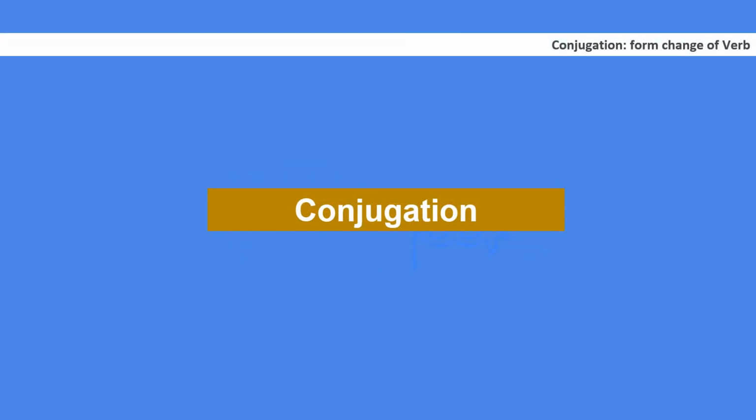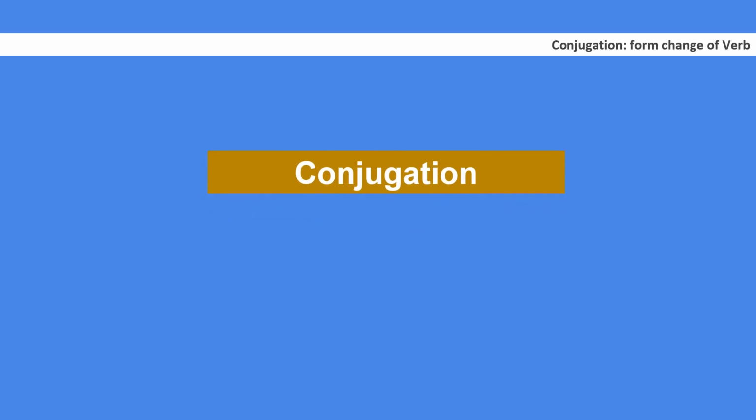Conjugation. The form change of verbs we call conjugation. Conjugation simply means changing the form of verbs to tell us who is doing the action and when. The same as in English, the verb will change according to the subject person and the tense.